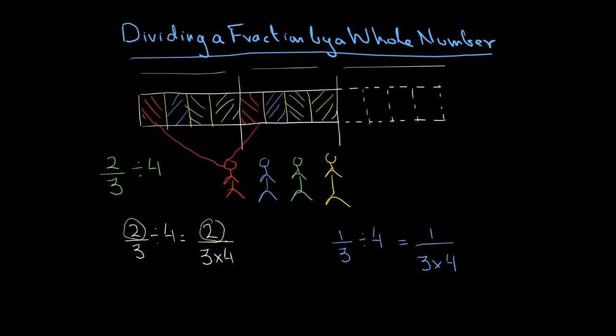A different way of thinking about the same thing, but it's essentially the same idea, is that you could use the division interpretation, although it's slightly extending the idea. So 2 thirds divided by 4. Now remember, if you use the division interpretation of fractions, it's equal to 2 divided by 3, divided by 4.